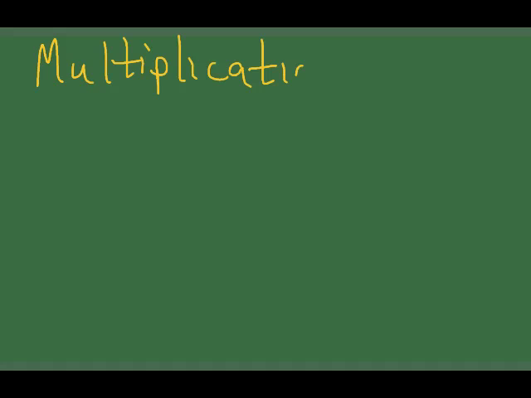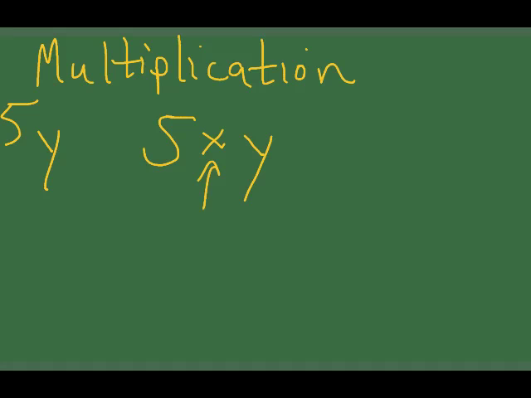Let's go ahead and start with multiplication first. For multiplication, a perfectly good variable expression would be something like maybe 5y. Remember that we no longer write 5 times y with an x, because that looks like 5xy, right?